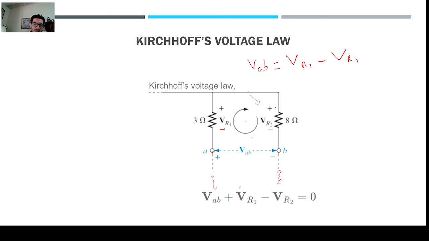And for our second resistor, it's going in the opposite direction of the current, going positive and then negative. So since it's going the opposite direction, this is going to be a negative. So the voltage from A to B plus the voltage R1 minus the voltage of resistor 2 must be equal to 0, and this is because of conservation of charge.